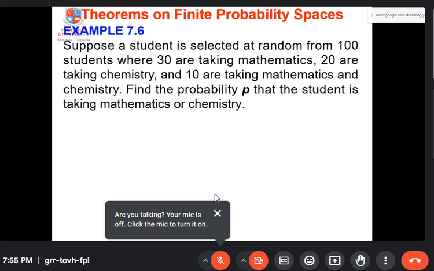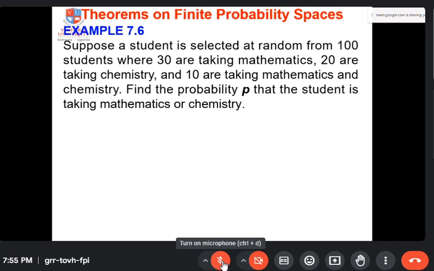Now, what is the probability of mathematics? That is 30/100, which is 0.3. What is the probability of chemistry? 20/100, which is 0.2. Very good.